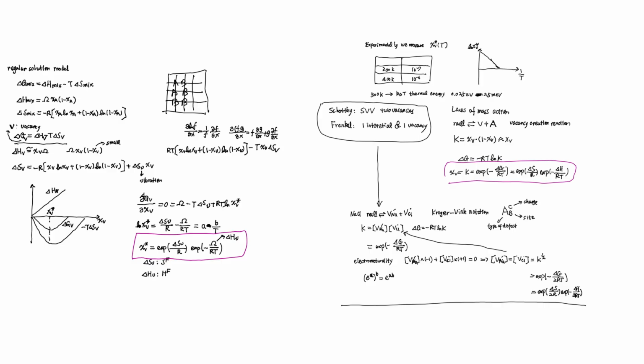Okay, so we have two terms: the enthalpy term and the entropy term. If we plot this as a function of xv, for the delta H, it's very straightforward because it's basically xv multiplied by omega, so it's a linear line going through the origin.